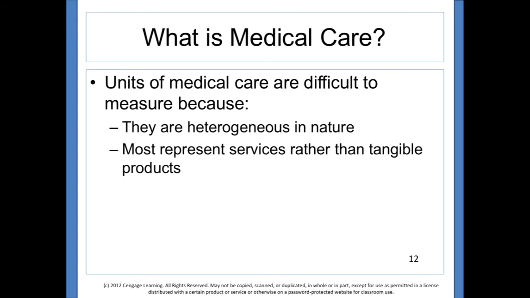How would you quantify heart surgery together with physical therapy services? And how do you want to add them up? These two services are very heterogeneous. So the units of medical care are difficult to measure precisely.